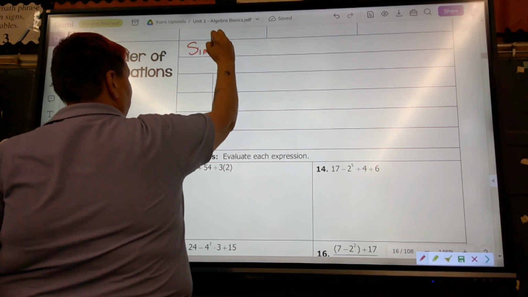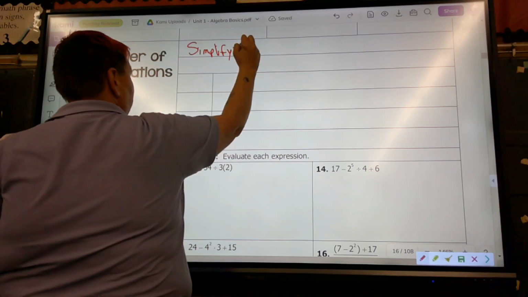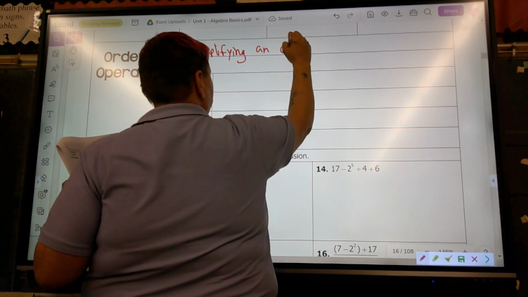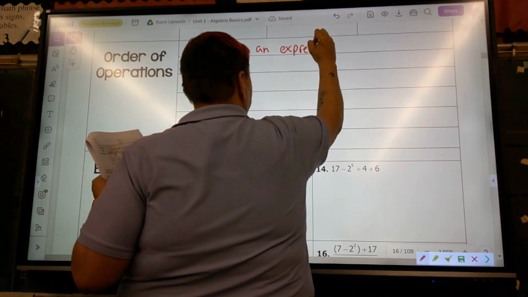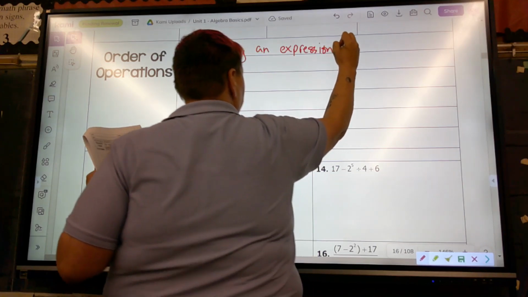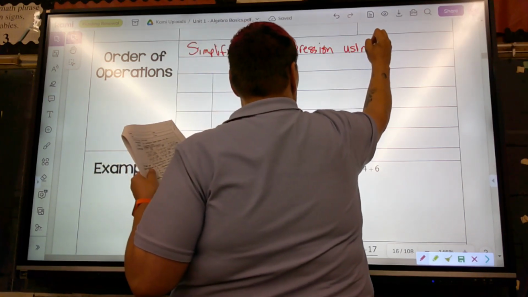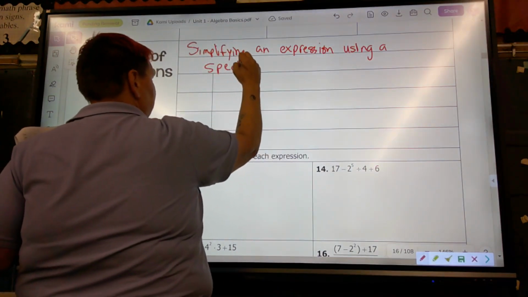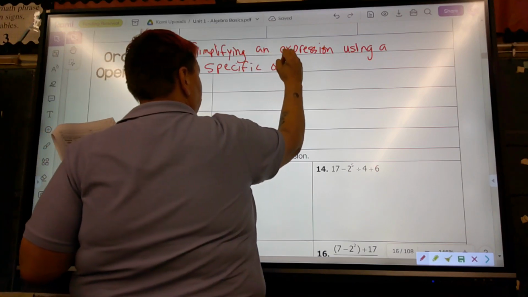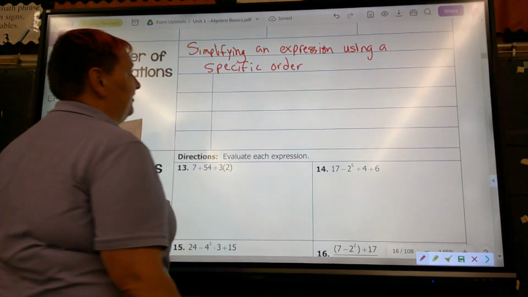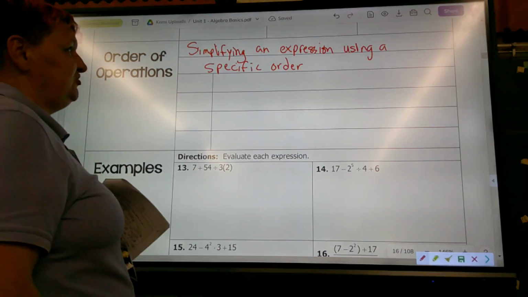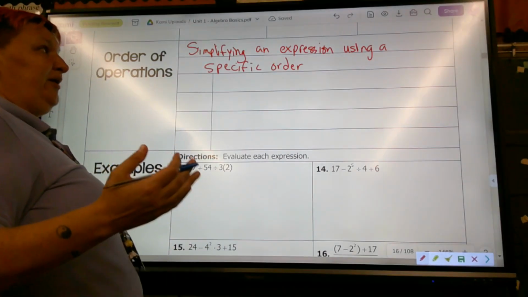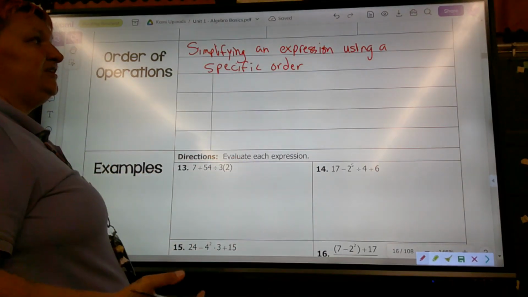Simplifying an expression using a specific order. Right? Simplifying an expression using a specific order. Now, we know PEMDAS, so we're going to use it. We're just going to make it better.